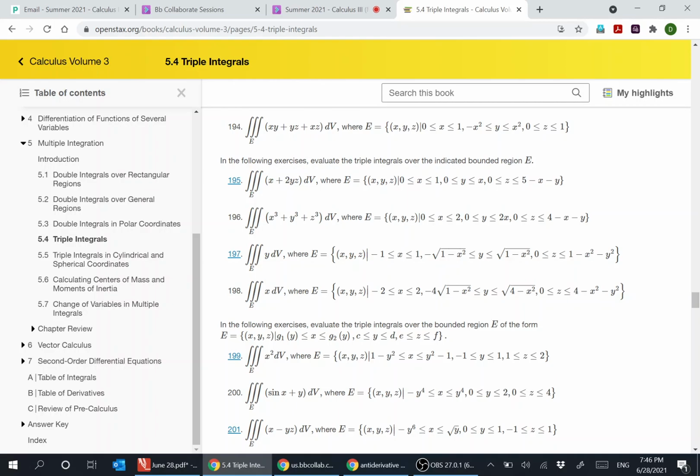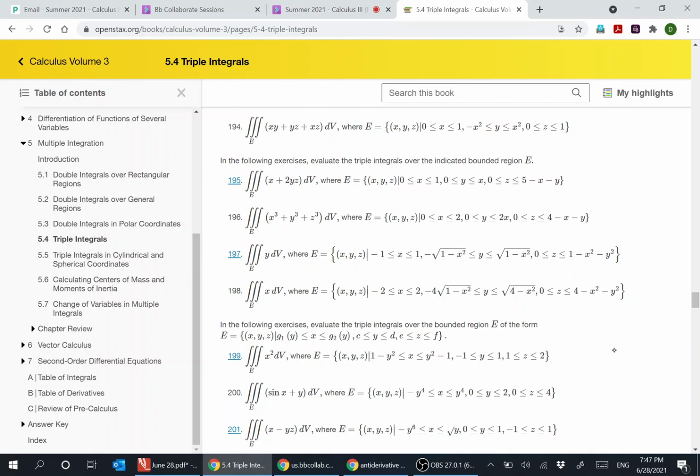Oh, yeah, look. See? That's a typo right there. Let me note that. Oh, I already have it noted. This 4 right here is supposed to be there. It's supposed to be the square root of 4 minus x squared, minus the square root of 4 minus x squared, and here they have the positive square root of 4 minus x squared.